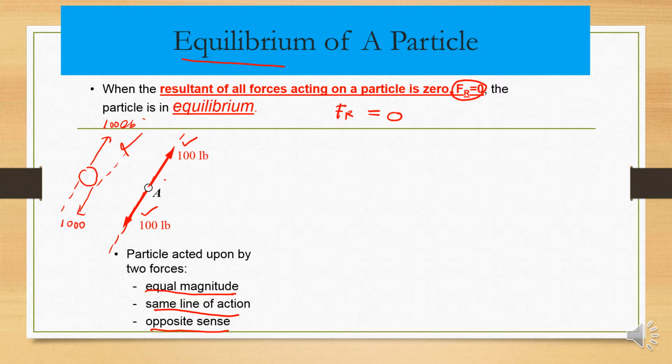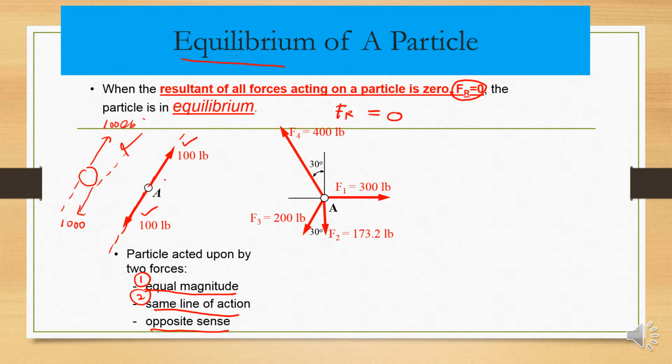That's why, for forces acting on a particle which only has two forces, in order to be in equilibrium, they must have the same magnitude, the same line of action and opposite sense.